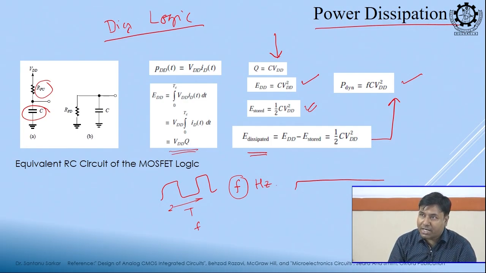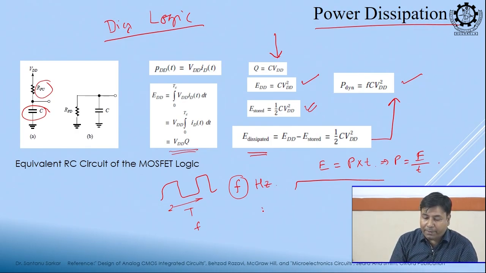So, the capacitor will be charged and discharged more often, and the resistor will be dissipating heat. So, total dynamic power will be f into C VDD square, right. Energy is equal to power into time, and this f is the inverse of time. So, if you multiply this energy with f, you will get the total dynamic power.